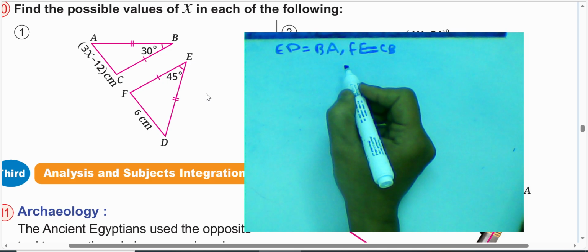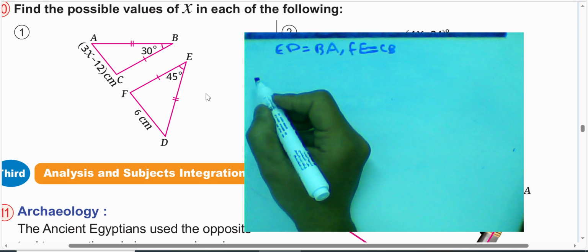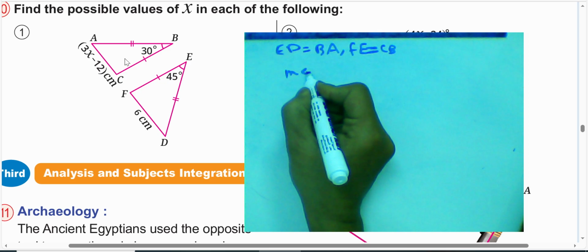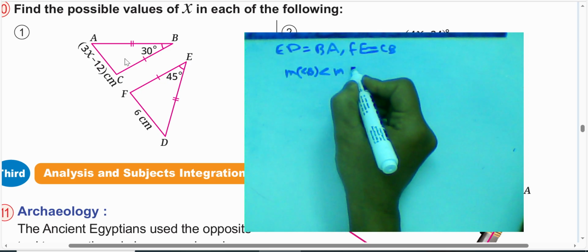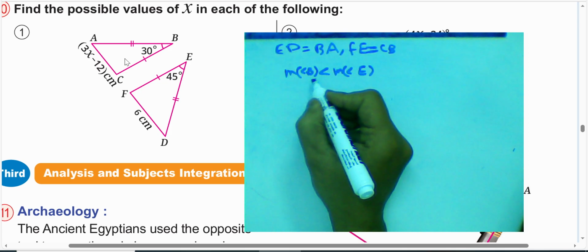Okay, then the first side, 3x minus 12, is opposite to 30. We have a relation between two angles. The measure of angle B is less than the measure of angle E, this 30 and this 45.